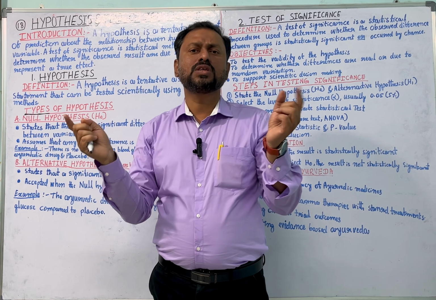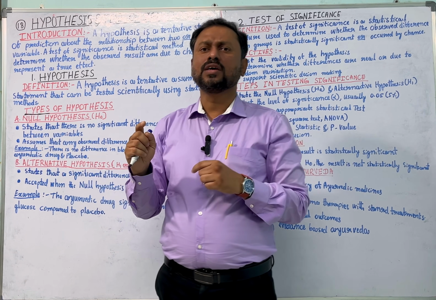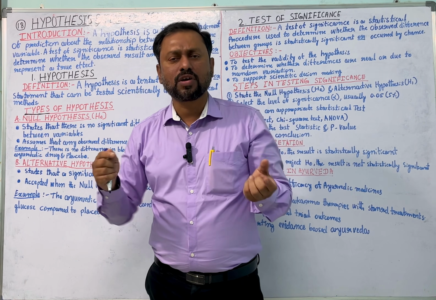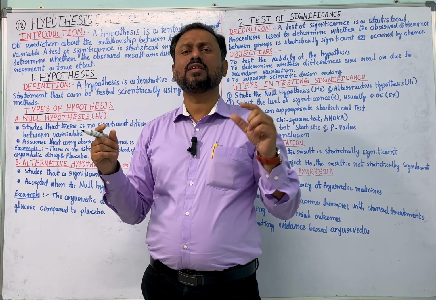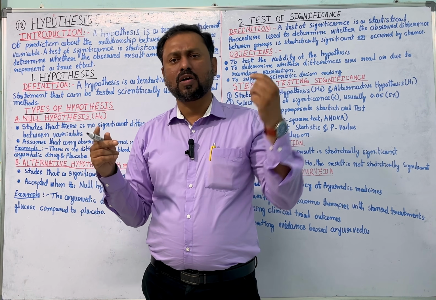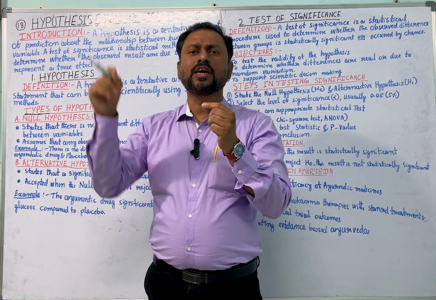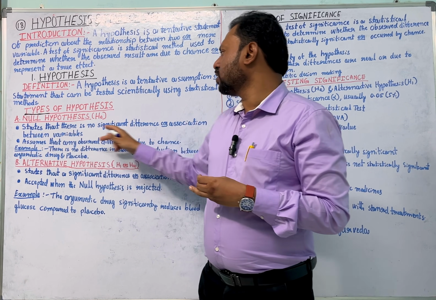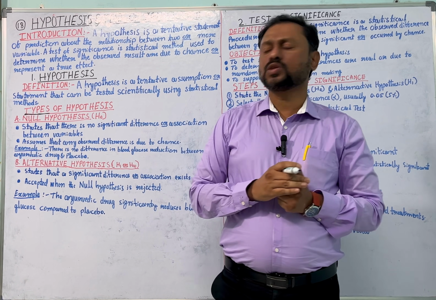No change means there is no relation here. Whether you give the placebo, a sugar pill, or the medicinal Bijakadi Vati or Asanadi Vati, there is no change here. It means the null hypothesis holds: there is no relationship between these two variables.